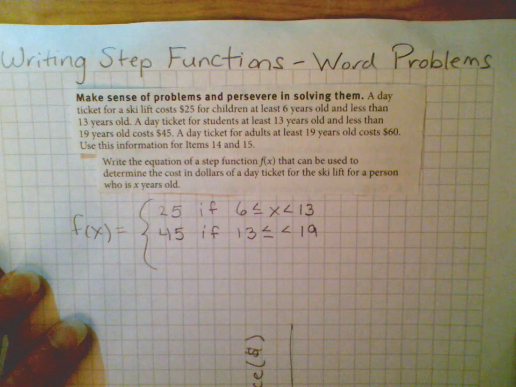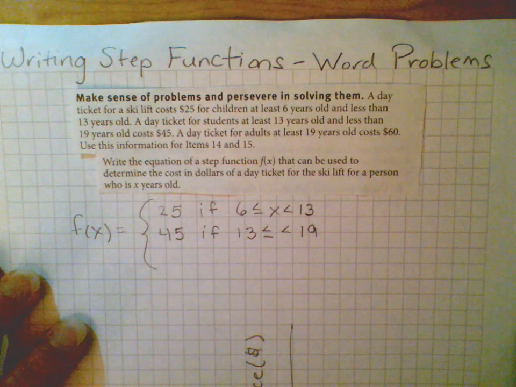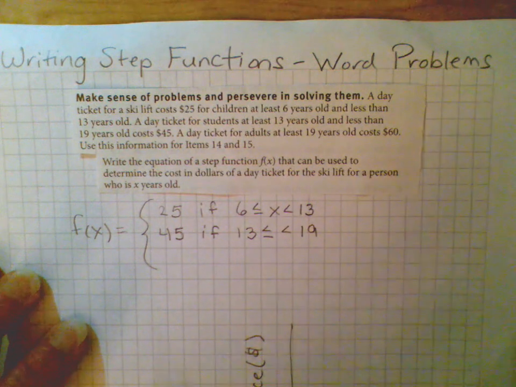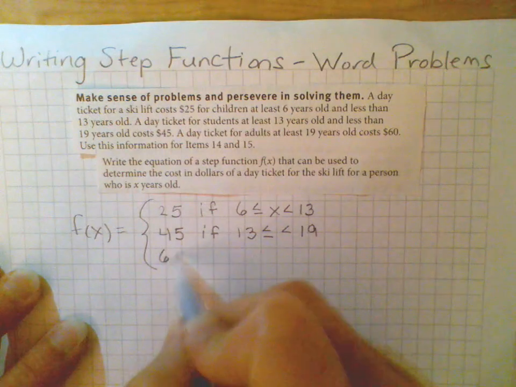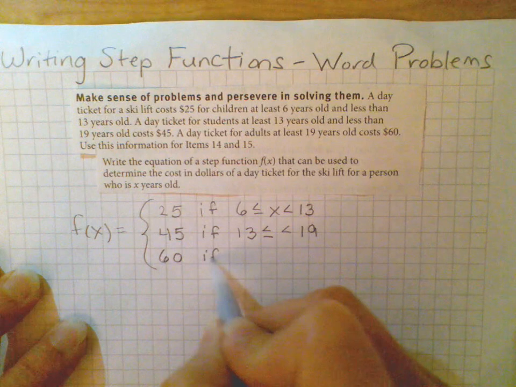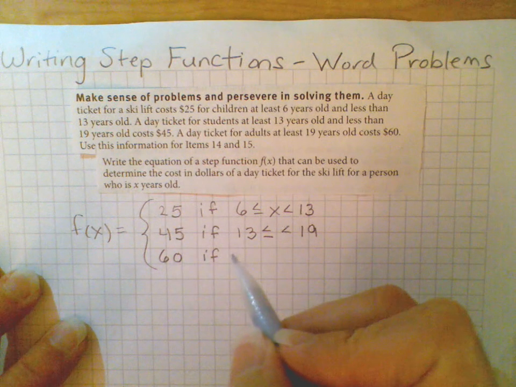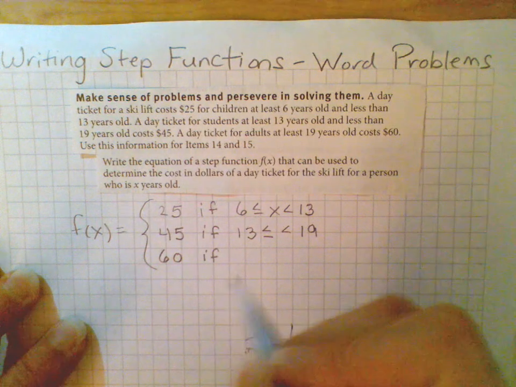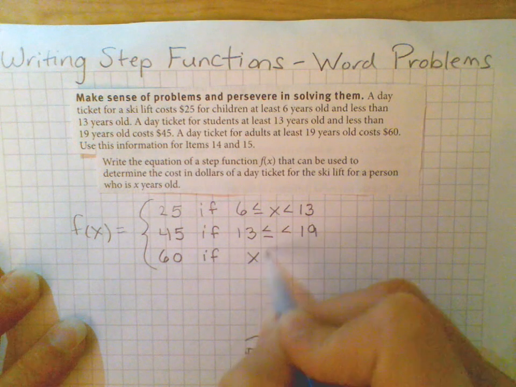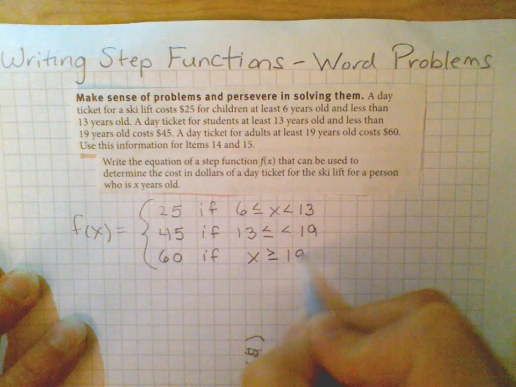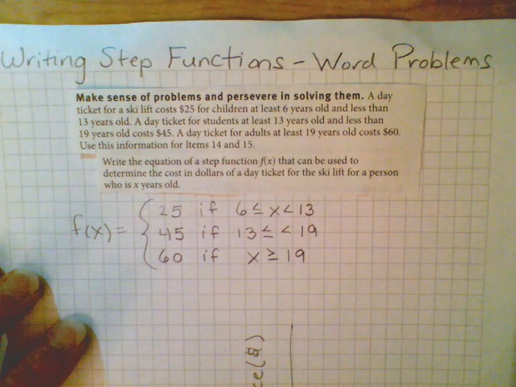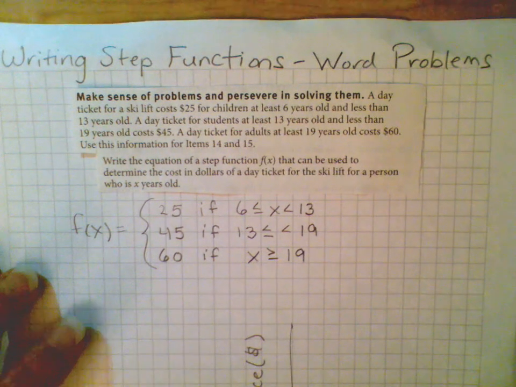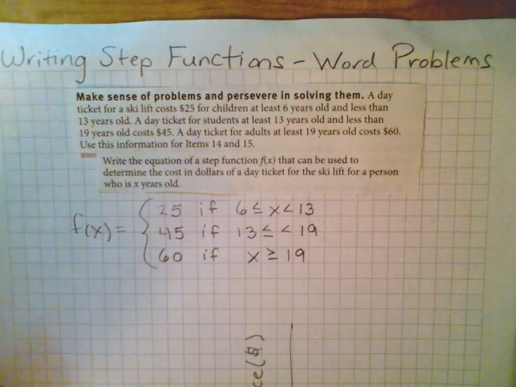A day ticket for adults at least 19 costs $60. So that's my third step. We're just going to say x is greater than or equal to 19, because those will be the adult ages. Okay, so there's your step function.